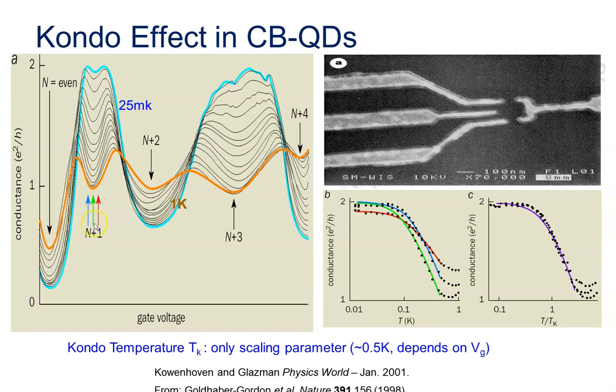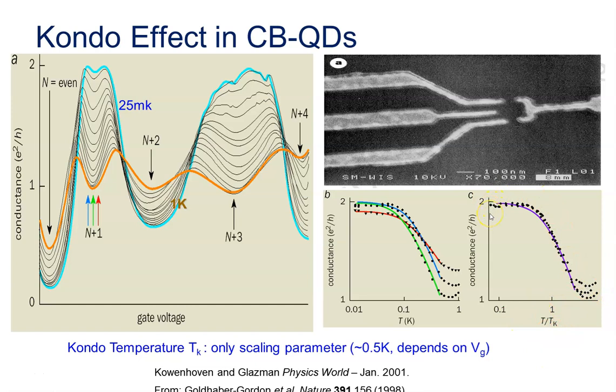Now, if you're in an odd valley, you decrease the temperature, say down to 25 millikelvin, your conductance will increase, and will increase in a way that is very compatible with what you would expect for the Anderson model in the Kondo regime.